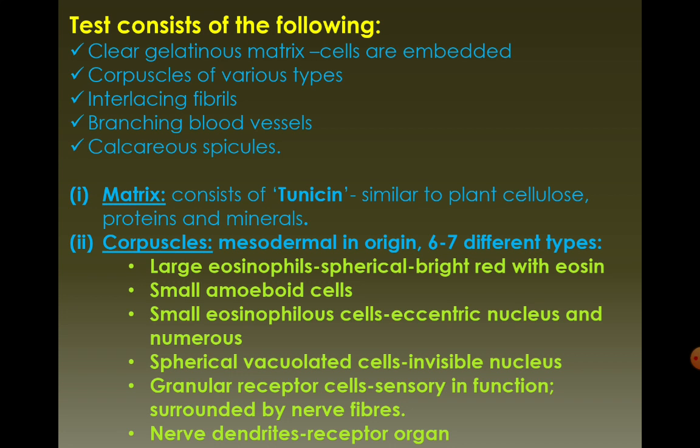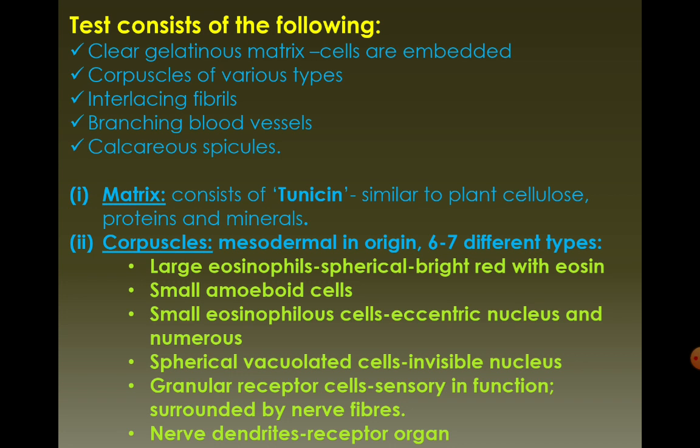Corpuscles, or the cells that you see in the matrix, are all mesodermal in origin, and there are around 6 to 7 different types of cells seen in the test. In Herdmania pallida, 6 different types of cells have been reported.